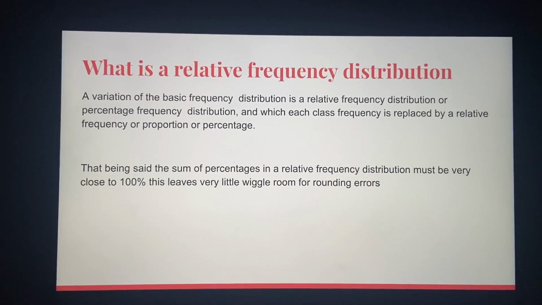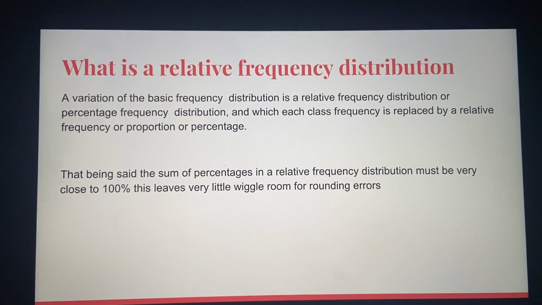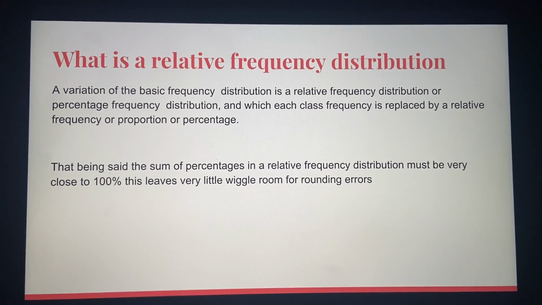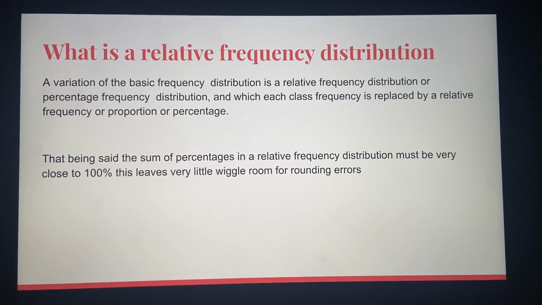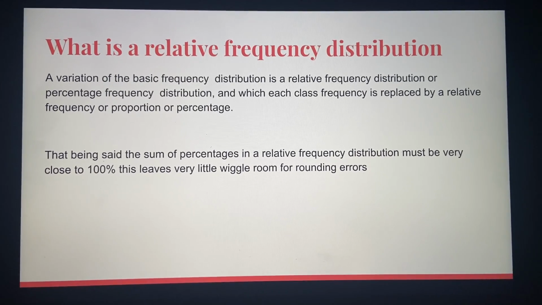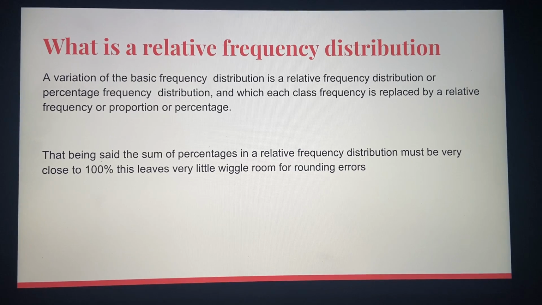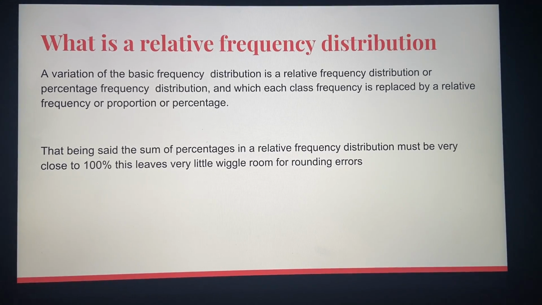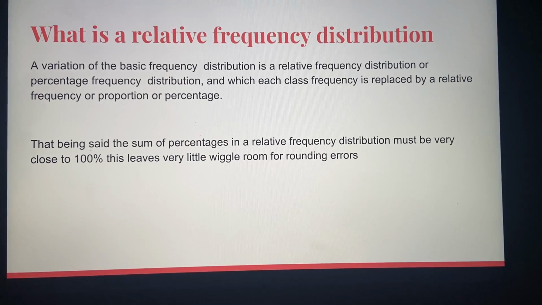So now we're going to be asking, what is relative frequency distribution? A variation of the basic frequency distribution is a relative frequency distribution or percentage frequency distribution, in which each class frequency is replaced by a relative frequency or proportion or percentage.